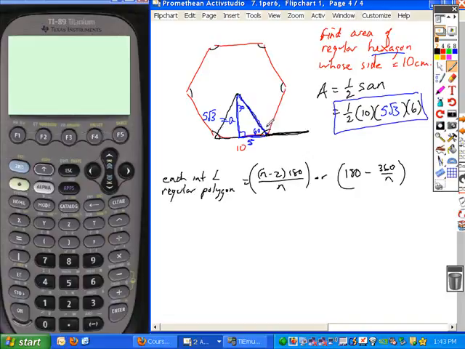How does each interior angle relate to the base angles of these reference isosceles triangles? The reference triangle is going to have an angle that is exactly what compared to each interior angle of the whole regular polygon? Half of it, right? Because these are going to be equal.